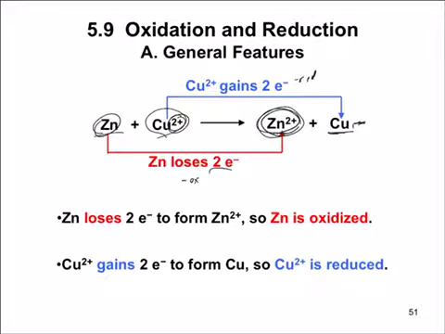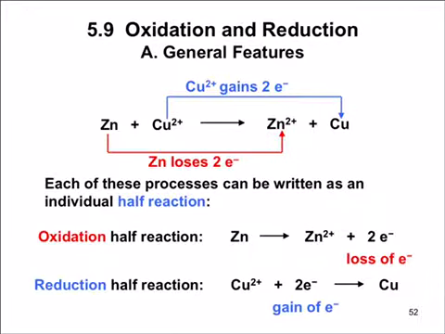Okay? So, another way you can think of this, and this is a way that helped me when I was learning, is if you think of a 0 and a positive and a negative. If you're becoming more positive, you're being oxidized. If you are becoming more negative, you're becoming reduced. Okay? More positive is oxidation, more negative is reduction.